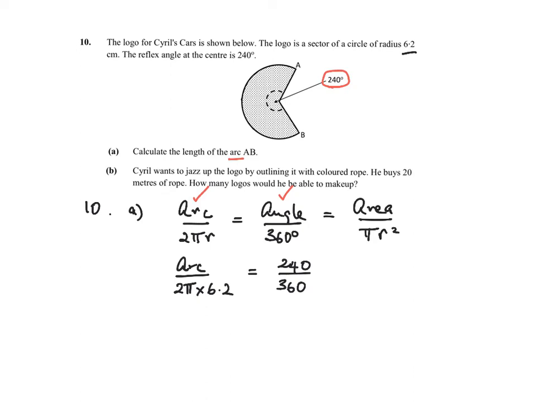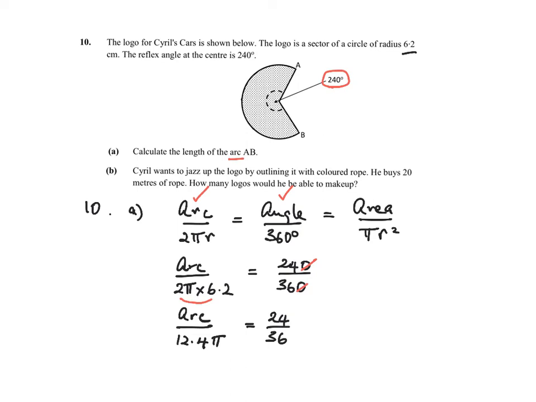Now I'm going to simplify this very slightly. 2 times 6.2 is 12.4, so it's 12.4 pi. I'm going to simplify this just by chopping off a 0 from top and bottom, although I could simplify it further. That's 24 over 36. Now what I want to do is to get the arc on its own.